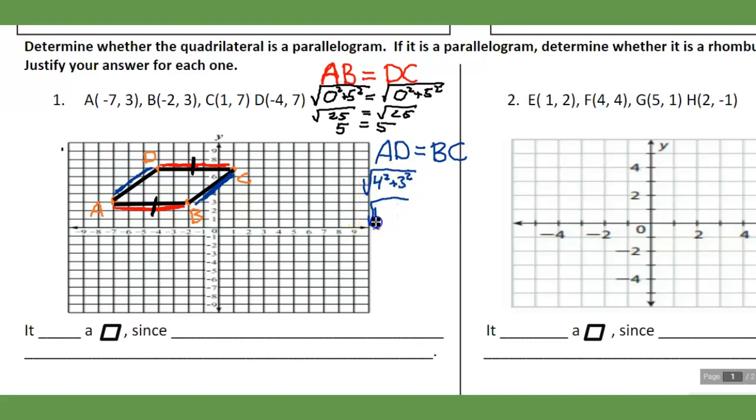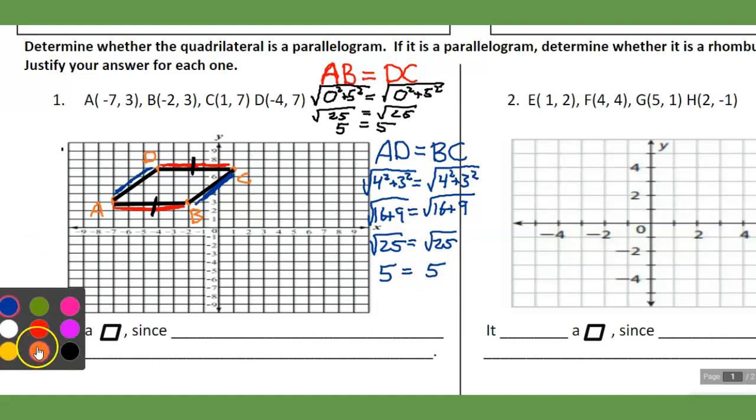That's 16 plus 9, which equals 25. Square root of 25 is 5. And then we just have to show the opposite side is the same. So count those, up 1, 2, 3, 4, and to the right 1, 2, 3. So it looks like the rise and the run are the same. So when we do the distance formula, it should come out to be the same. So we got 16 plus 9, square root of 25, which equals 5.